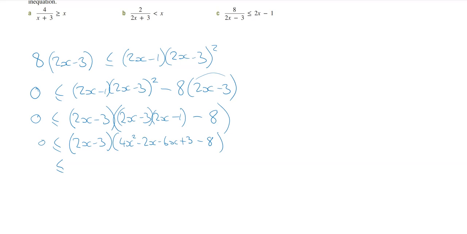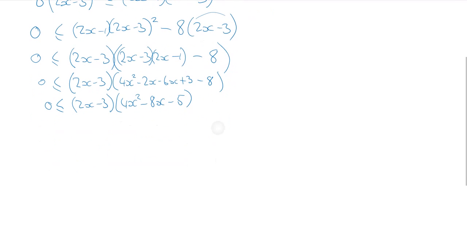Cool, less than or equal to 0. So 2x minus 3 times 4x squared, that's going to be minus 8x, and that's going to be minus 5. Cool, can I factorize that?